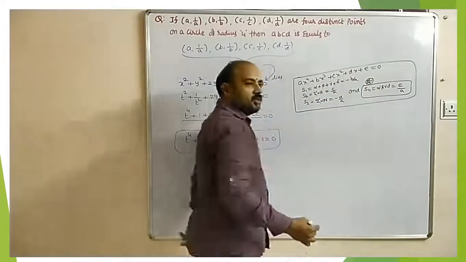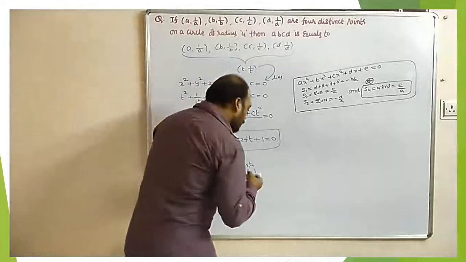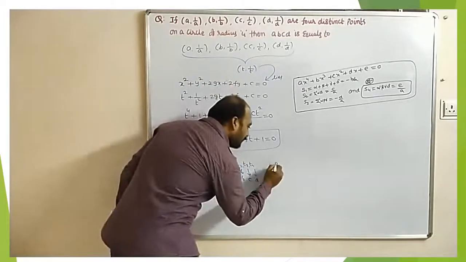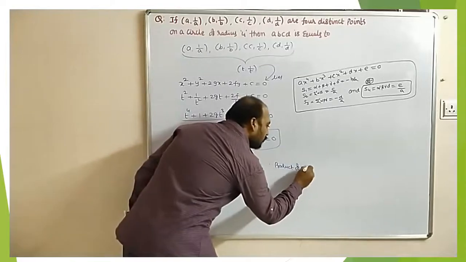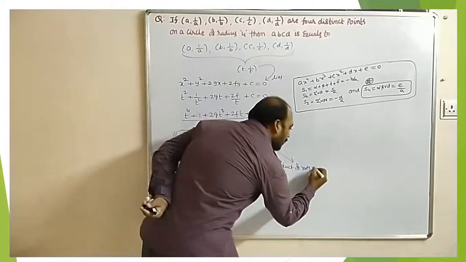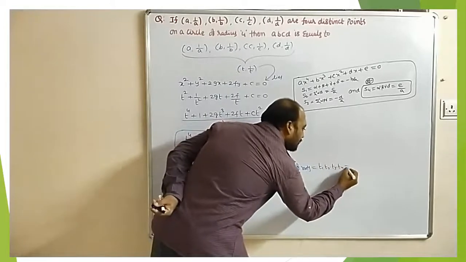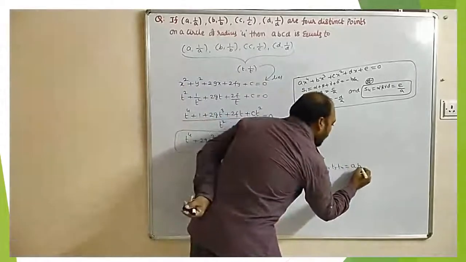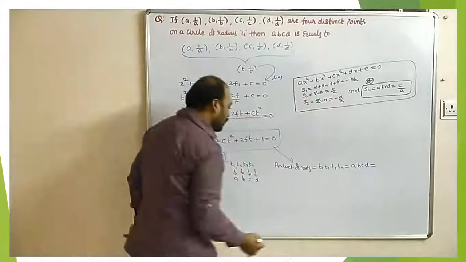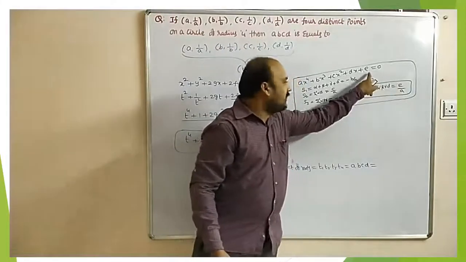That's why I'm putting a star mark. This is the product of the roots they are asking for here. The product of roots for this equation, t1 into t2 into t3 into t4, equals a into b into c into d, which according to the formula is e by a.